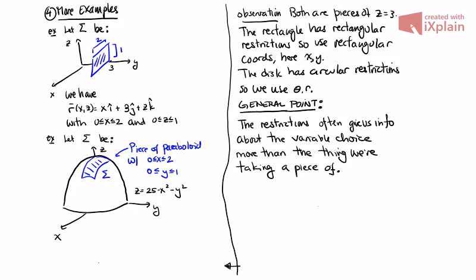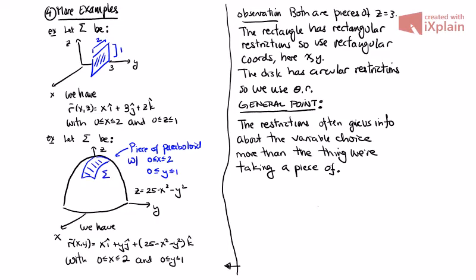Because we know what z is in terms of x and y, and because x and y are rectangular, it still makes sense to use x and y. So we can still do r of xy, still xi, still yj, but now here we'll put 25 minus x squared minus y squared, with x between 0 and 2 and y between 0 and 1.